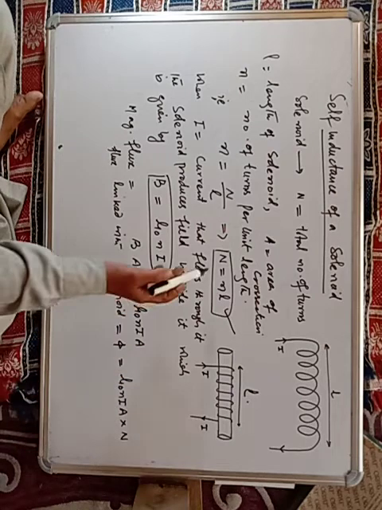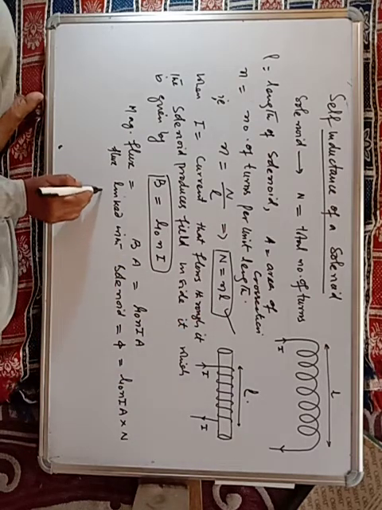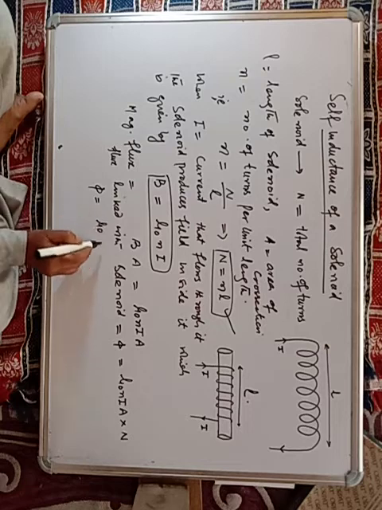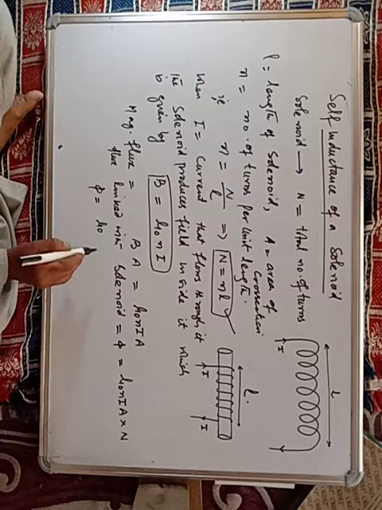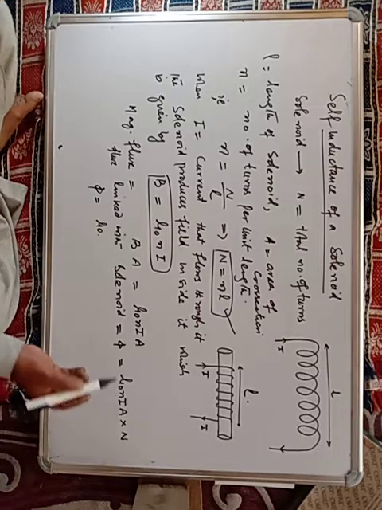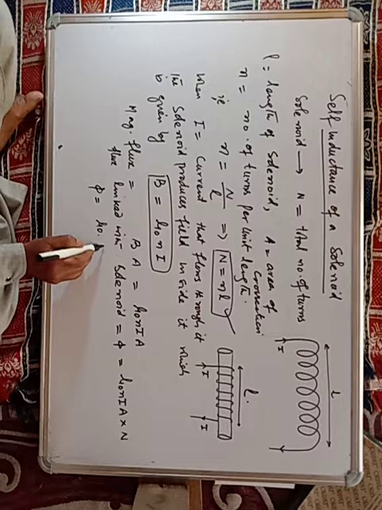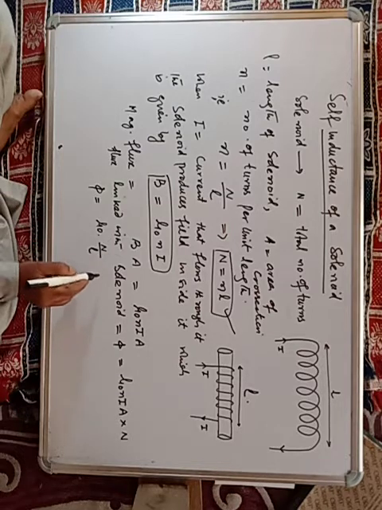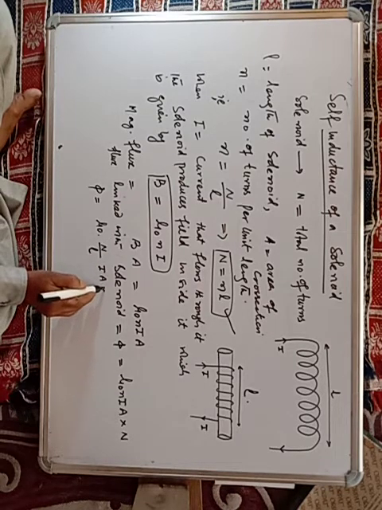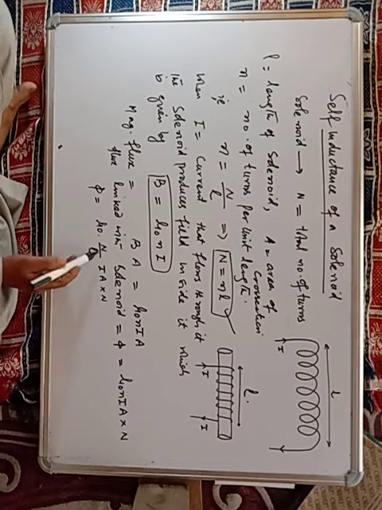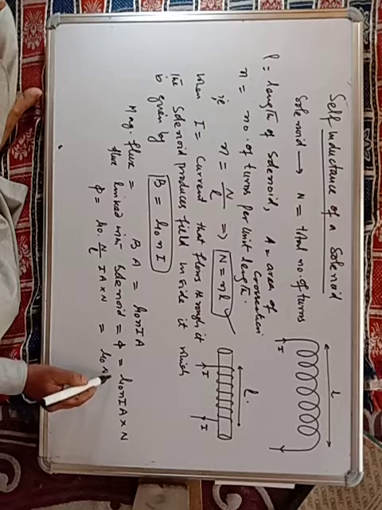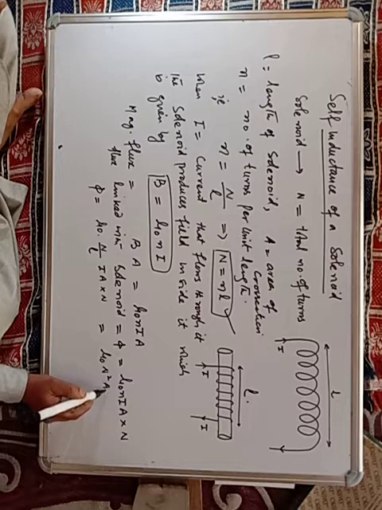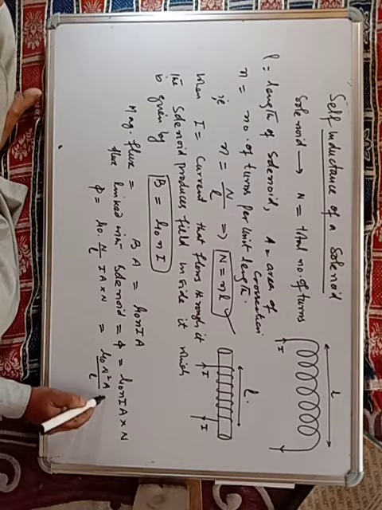Your N is equal to nL. So we can write phi is equal to mu naught, and in place of small n we put capital N divided by L, I A into N. N and N become N squared. So you will get mu naught N squared A divided by L into I.